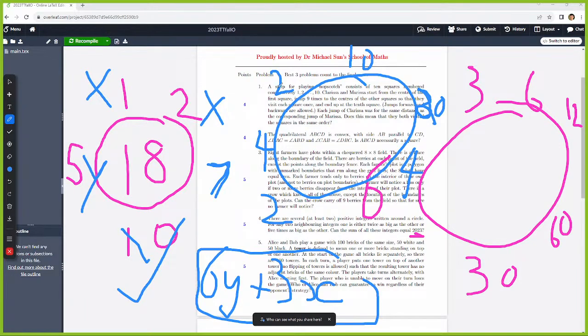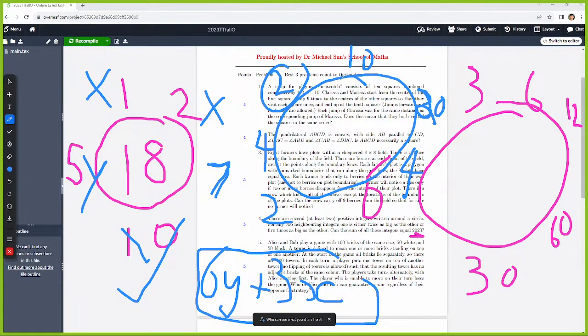Do you guys know about remainders? Okay, if I divide a number by 3, what can the remainder be? Or 0. The remainder could be 1, 2, or 0. Does that make sense? If I divide this number by 3, what's the remainder? 2.